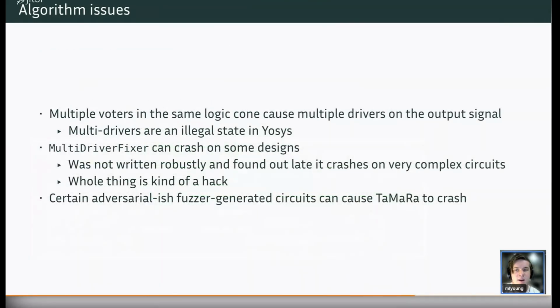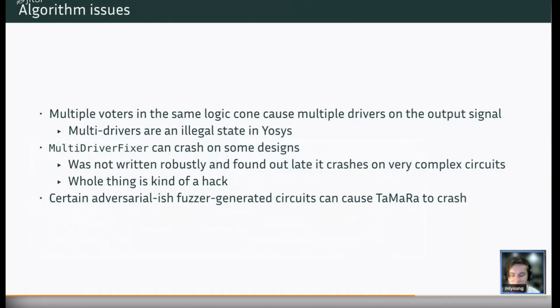And there are other bugs as well, where multiple voters in the same logic cone still cause multi-drivers on the output, and multi-drivers are not really valid in Yosys, which I tried to fix with the multi-driver fixer, but that in turn can crash on some designs because that whole thing is a hack and wasn't written particularly robustly.